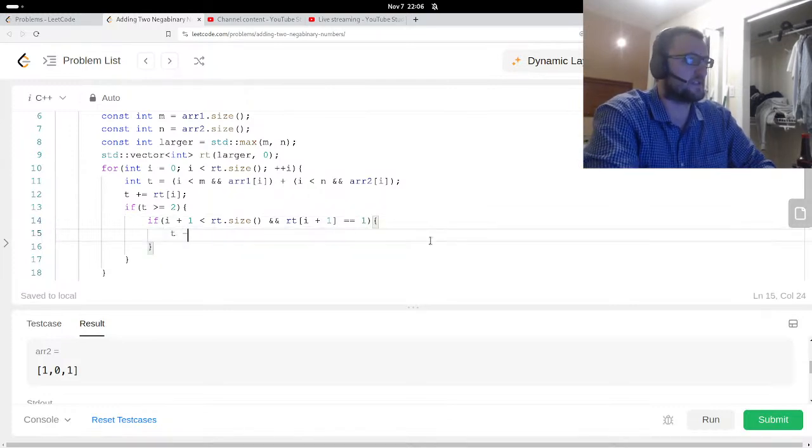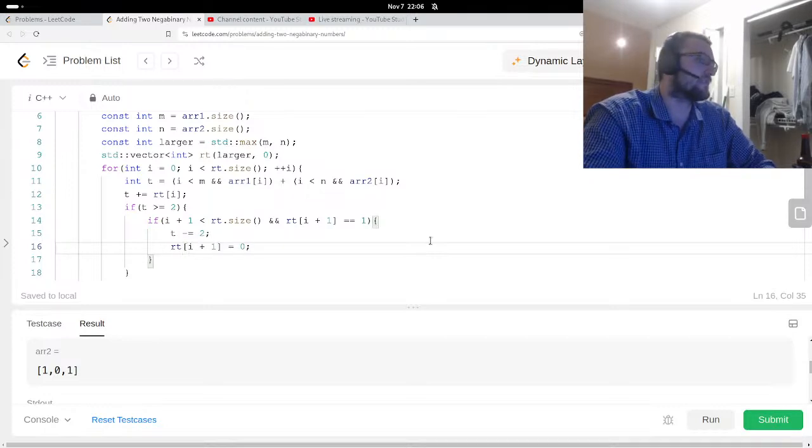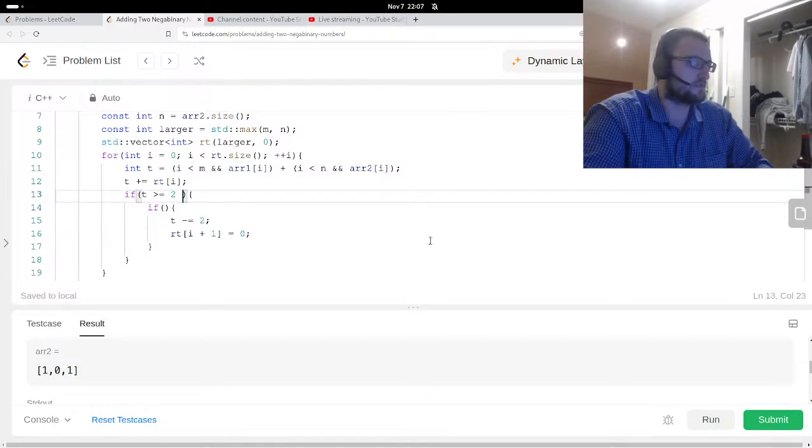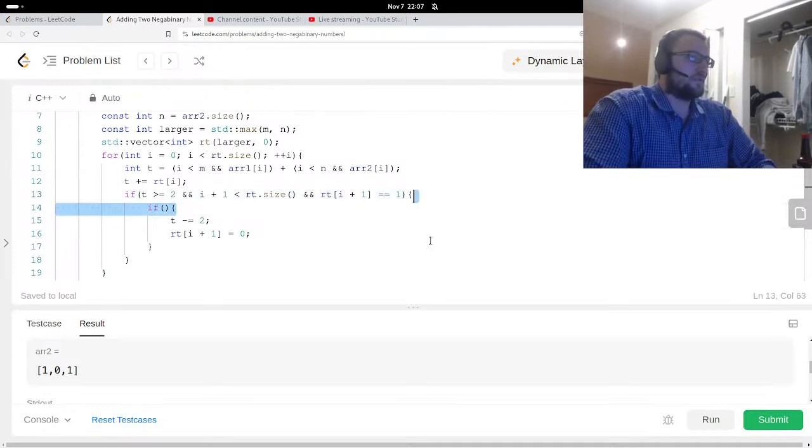We could set t minus equals 2, and we can say rt of I plus 1 equals 0. Okay. Let's do all that. All of those things are true.